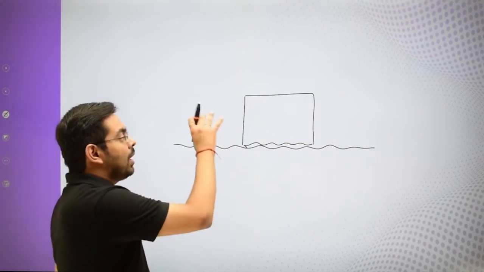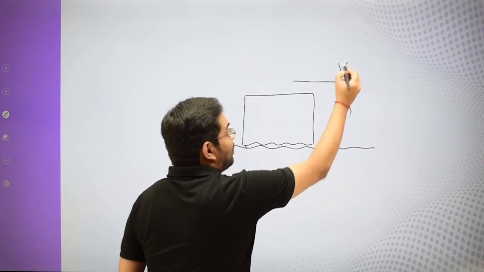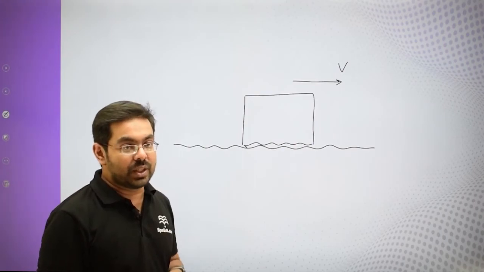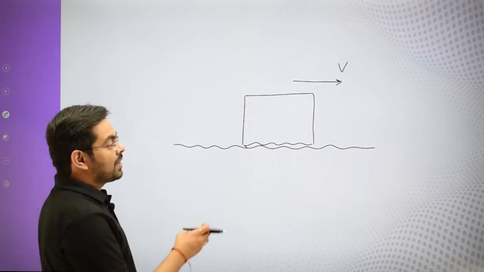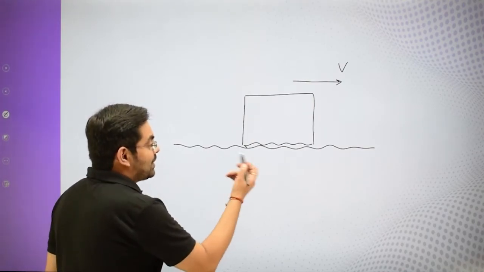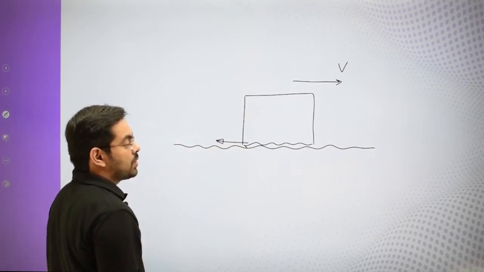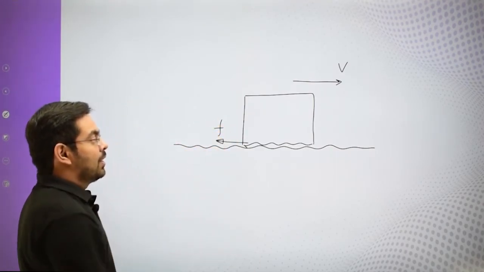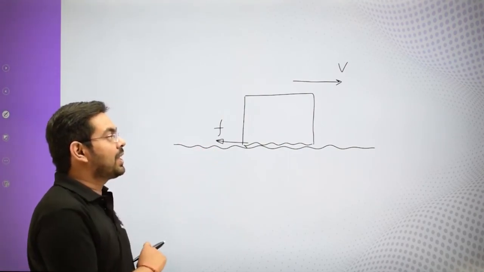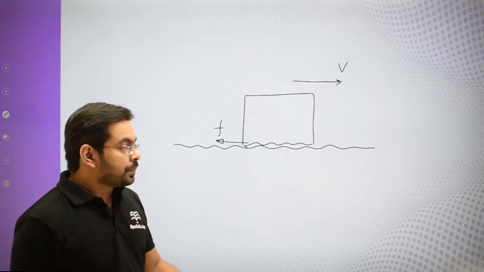So when the upper block tries to move in the forward direction with, suppose, some velocity v, then these irregularities will stick with each other and cause some resistance in the motion. This resistance of motion, that resistive force, acts always tangential to the surface. So friction, small f I am denoting for friction, will act in the backward direction because the block is moving in the forward direction.